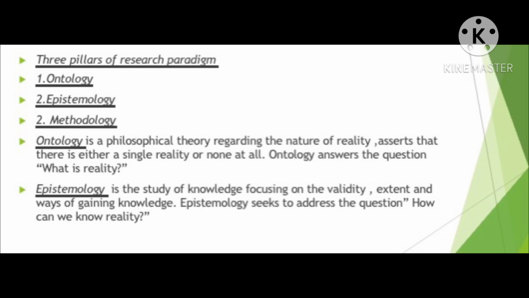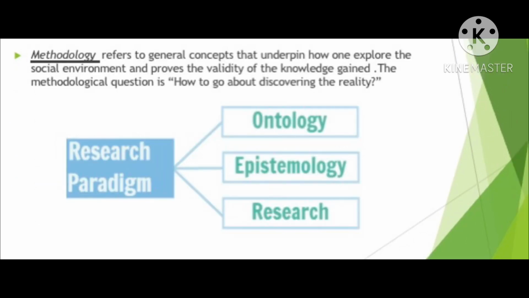Second one is epistemology. Epistemology is the study of knowledge, focusing on the validity, extent, and ways of gaining knowledge. Epistemology seeks to address the question, how can we know reality? How can we understand reality? That question is answered by epistemology. That is the second pillar of research paradigm. The third pillar is methodology.